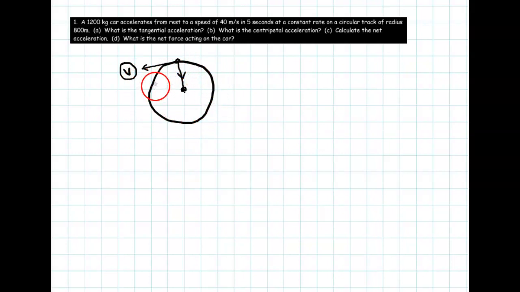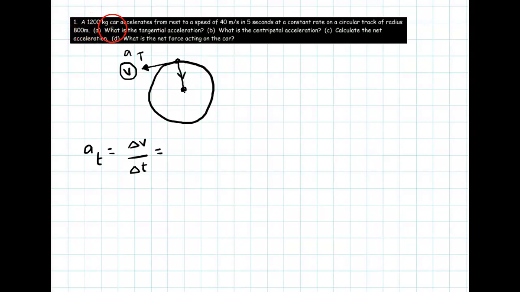The acceleration is no longer zero if the tangential or linear speed is changing. So in this case, first we have to find the tangential acceleration a_t. The formula is change in velocity over time, that is the linear motion acceleration formula.